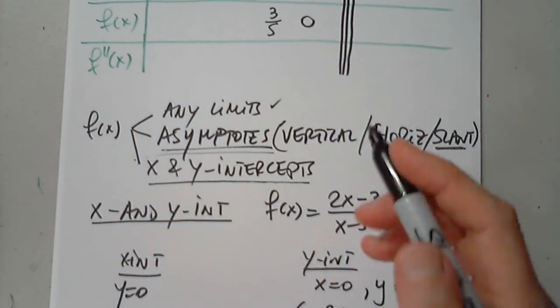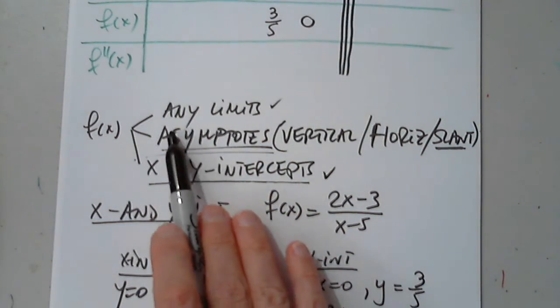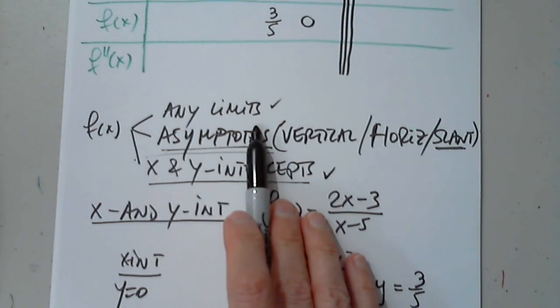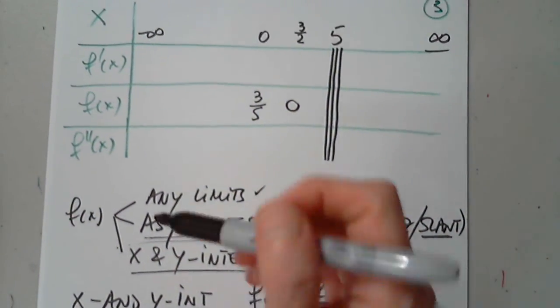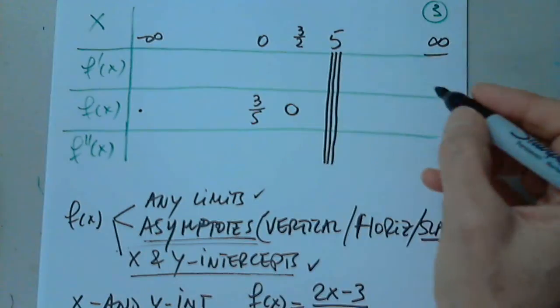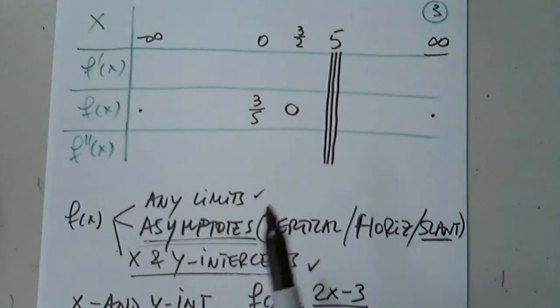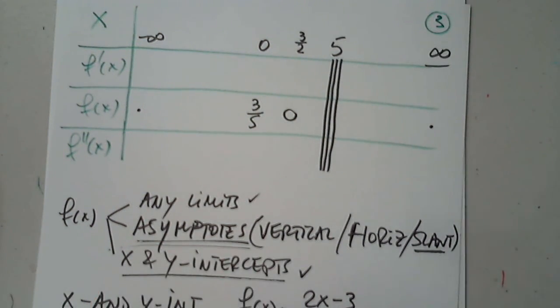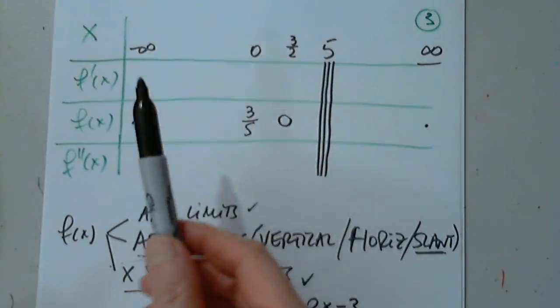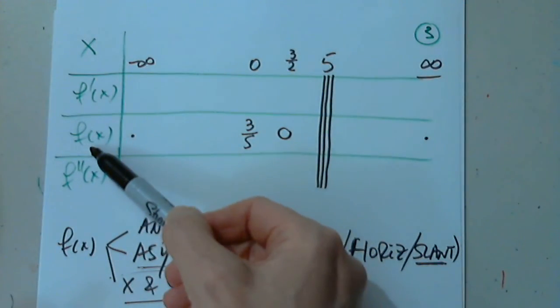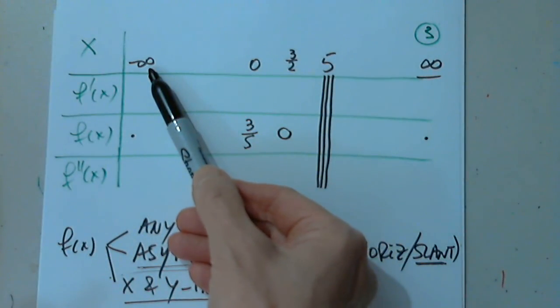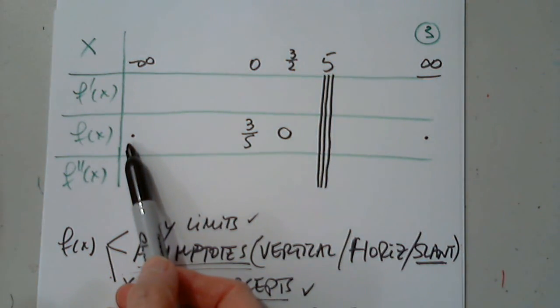So this is done. Now let's talk about any limits. For now, I need to determine this limit, and I need to determine this limit, because the rest of the limits are connected. I'll come back to the rest. So I need to determine the limit of the function as x approaches negative infinity and put it here.